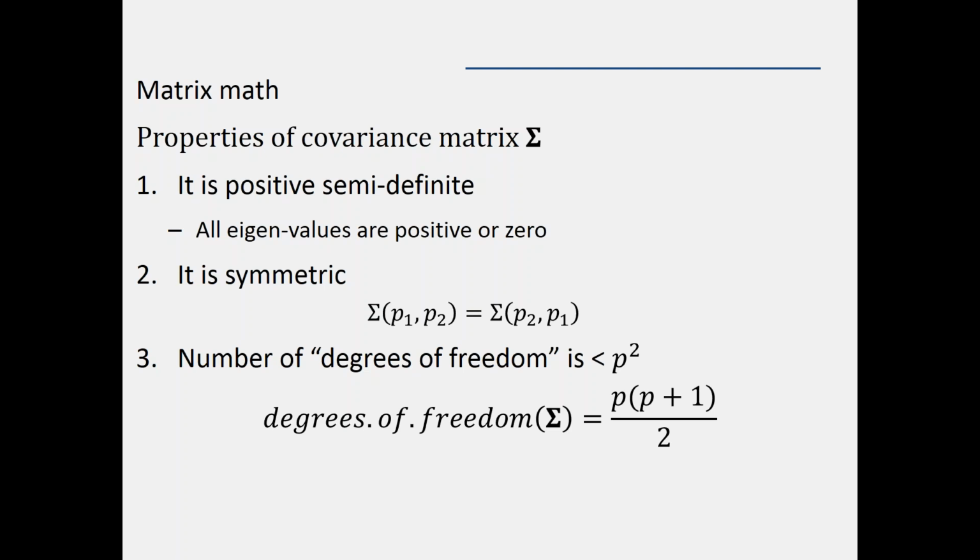Usually they enforce the sum-to-0 constraint, so that they can bring it back to full rank by dropping one of the columns and rows. Well, anyway, I don't want to get too far down this rabbit hole, but we'll stick with my definition that it has to be positive semi-definite.